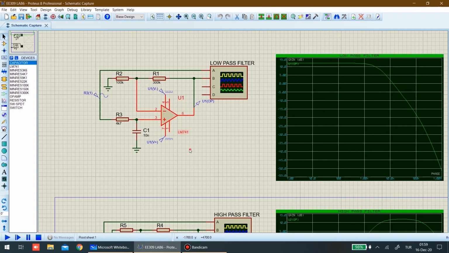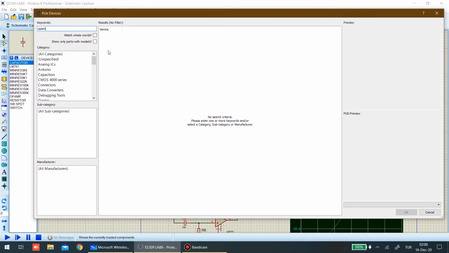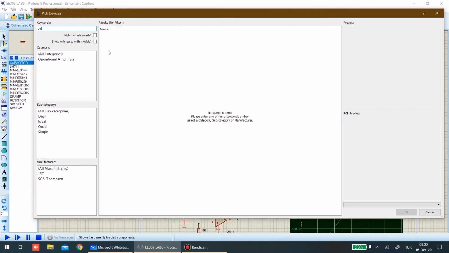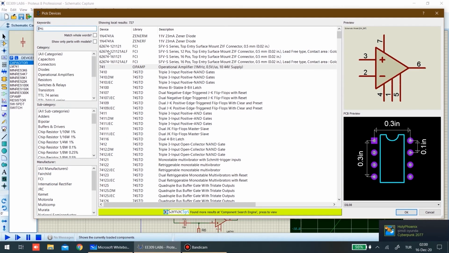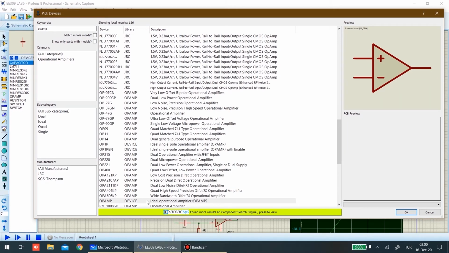Now just take an op-amp from the library. For this experiment, let us use LM741. If you take the ideal op-amp, we will see ideal characteristics.